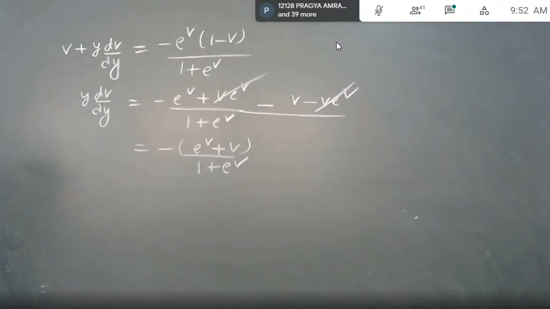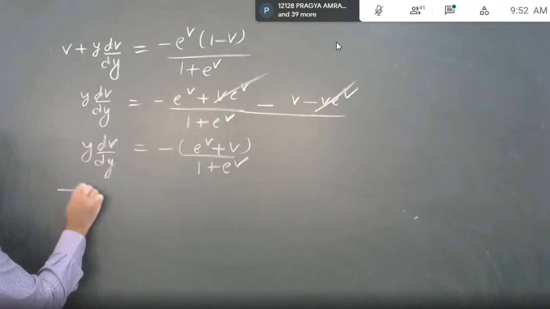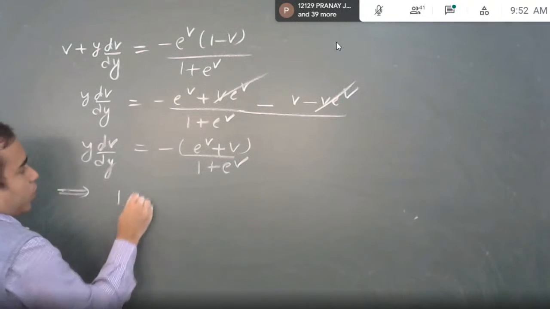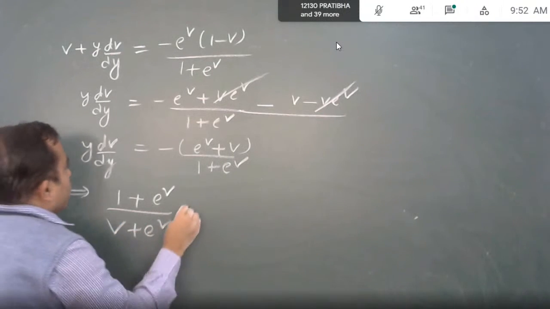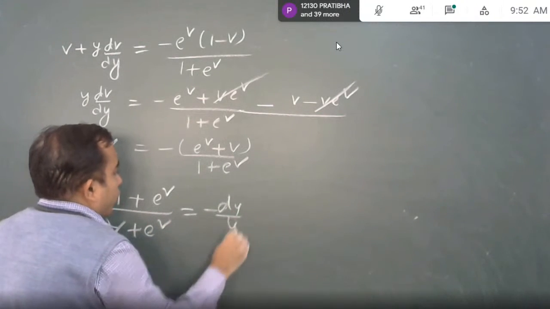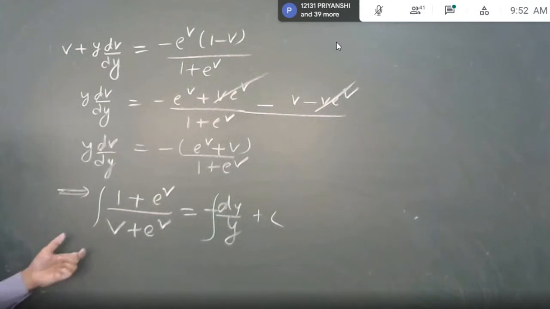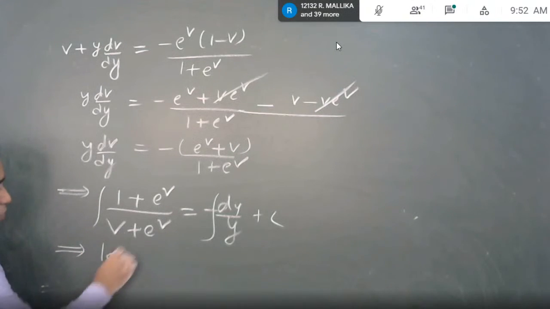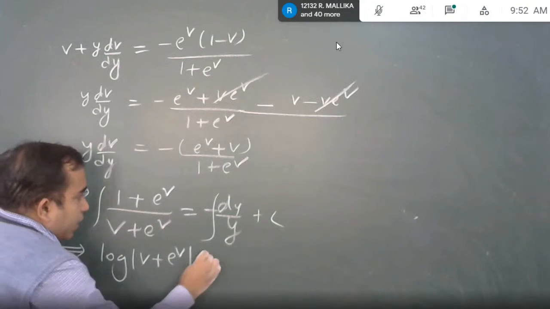Now let us separate the variables. So this will become 1 plus e to power v upon v plus e to power v equal to minus dy upon y. Now it is easily integrable. On the left side you can see it is the f dash upon f case. 1 plus e to power v will be the derivative. So log of denominator.